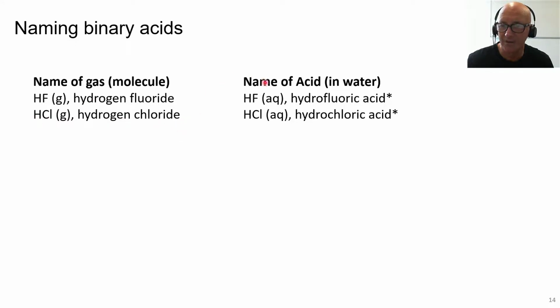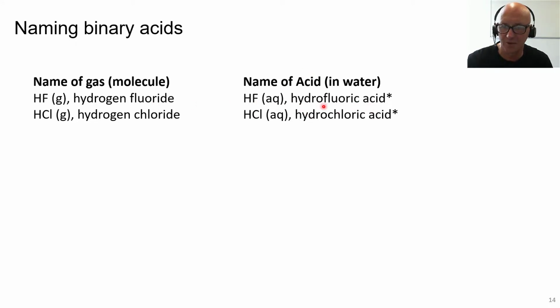But then we go over to the acid. So we're talking about these gases being bubbled through water, like I showed you previously. Then it's HF(aq). So it's then donated its proton to water. It's actually then H3O plus F minus. The name of that solution is hydrofluoric acid.